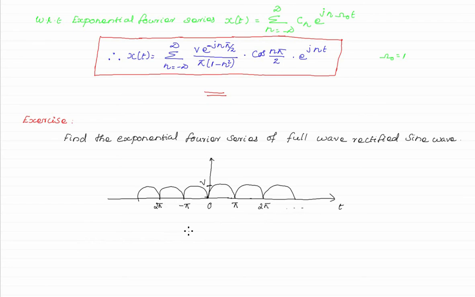Therefore, omega naught is equal to 2 pi by 2 into pi, which is equal to 1. And the signal is represented by x of t is equal to V into sine of t for the period of 0 to pi. So the students can find the exponential Fourier series of this full wave rectified signal.